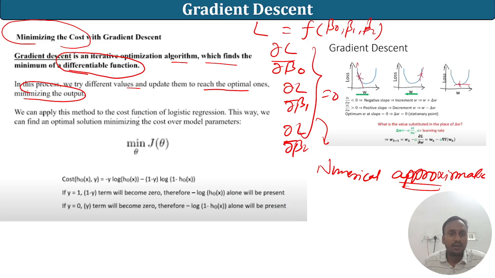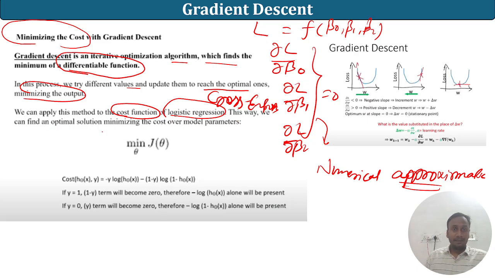We can apply this method to the cost function. In logistic regression, we have the cross entropy, and it should be very small. So we can find the optimal solution by minimizing the cost over the model parameters, the minimization of J theta. The gradient is what we call the slope, finding the parameters using the slope.